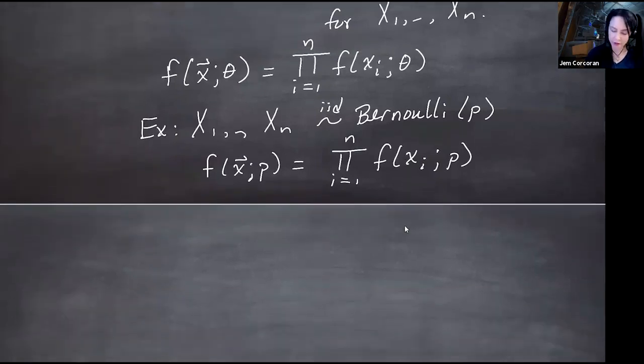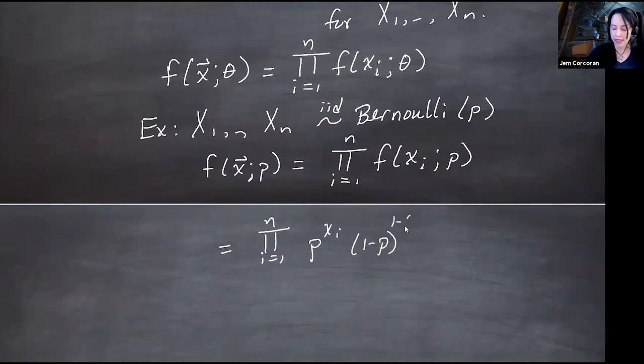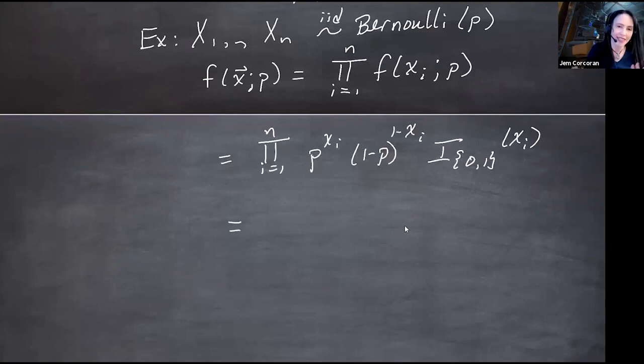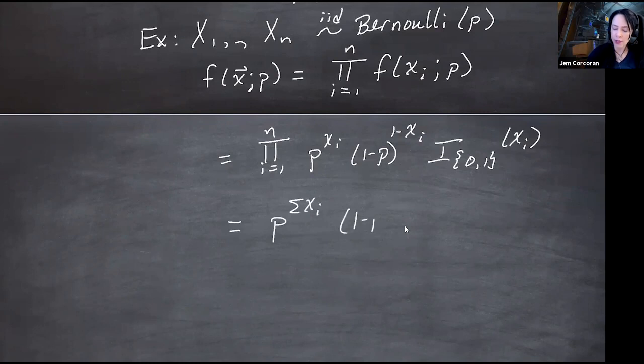And if you grab this off the table or from your head, this is the product of p to the xi, 1 minus p to the 1 minus xi, and an indicator. The indicators are actually going to become relevant again in MLEs, 0, 1, xi. So I can simplify this, or at least massage it a little bit, into p to the sum of the x's, and then 1 minus p to the n minus the sum of the x's.